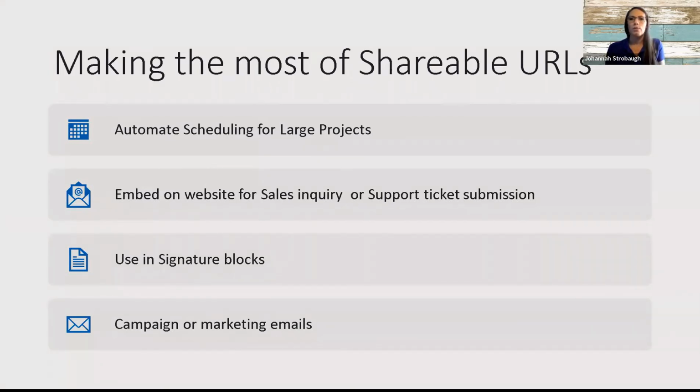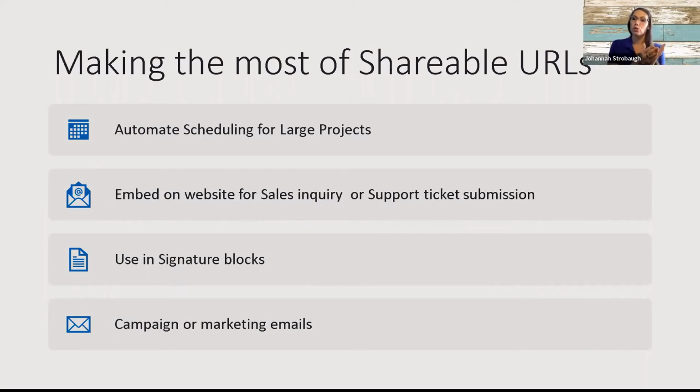A way that I recommend doing this: if you're scheduling a large project where you have to schedule with, let's say, 20 or 50 different clients, and you're manually creating all those service tickets and then reaching out in each individual ticket for them to schedule, you could send a bulk email that says, hey, we need to schedule for this update.